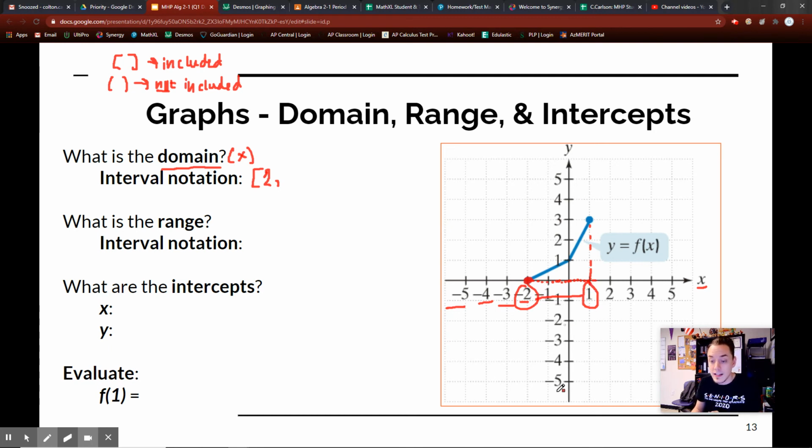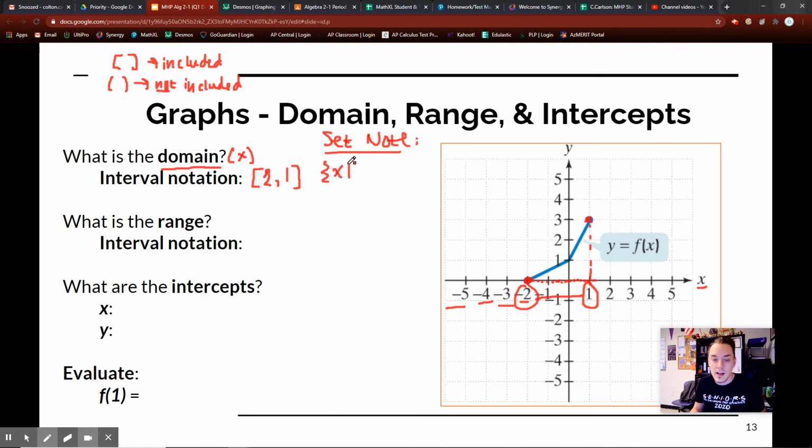I'm not doing anything with my y values because I'm on domain. Domain is my x, my input. So where does it stop existing? It stops existing at 1, and since it is a closed dot as well, we're going to be putting 1 closed dot. Okay, what does this look like for set notation just for kicks and giggles? It looks like this.